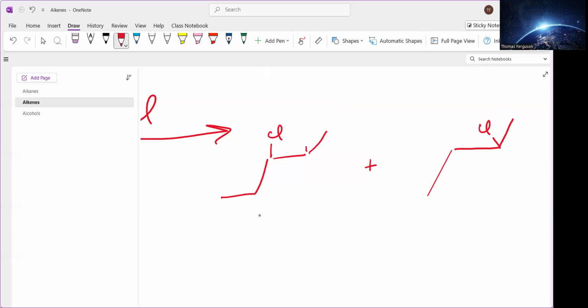There's an H here and an H here, and that's the original HCl. Does everyone see why we have that mixture? It depends on how the HCl lays across the double bond. 50-50.